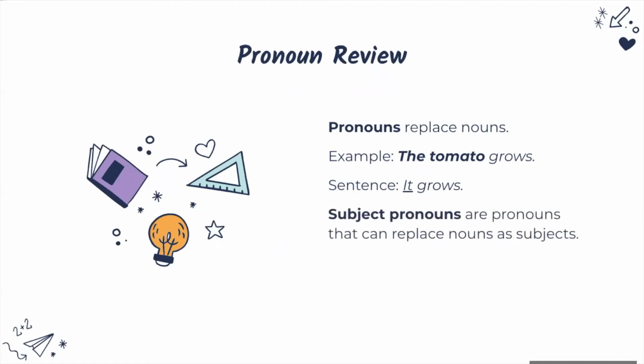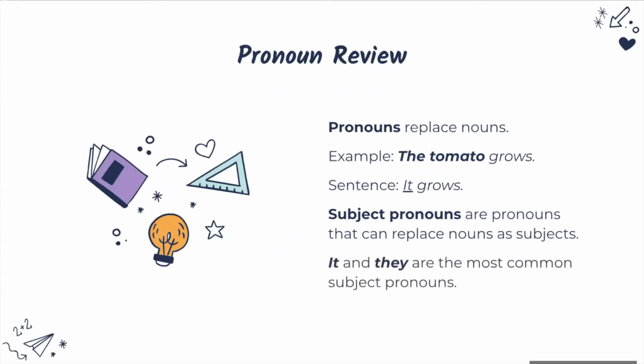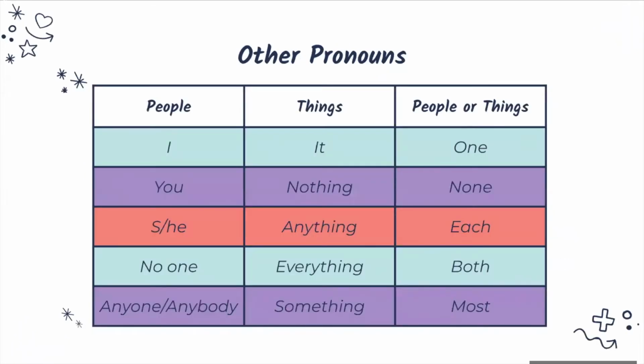Then next, subject pronouns are pronouns that can replace nouns as subjects. The most common subject pronouns are going to be it and they. Okay, and now we just have a list. I'm not going to read off all of these, but this is a list of pronouns that can replace subjects, meaning that they're subject pronouns in a sentence.